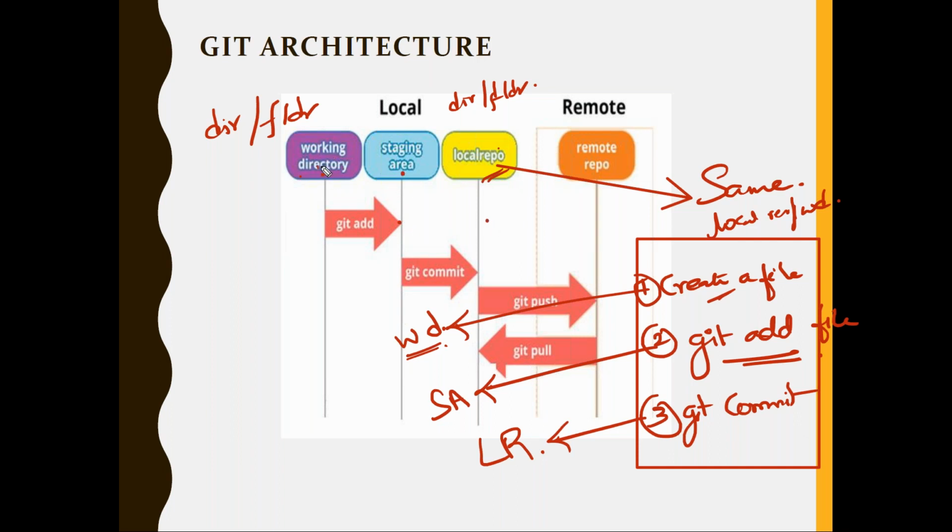From staging only to local. You cannot do this straight away. Similarly, whatever is in local only goes to remote. You cannot do this directly from staging to remote. Understood? It's like a hierarchy or steps: how your changes go to the different areas and finally go to the remote. Got it?